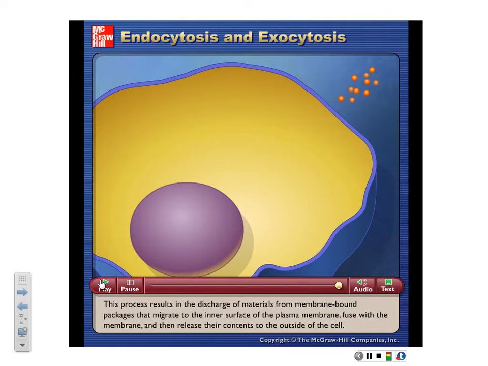So all these movements will depend on the size or the chemical properties of what's being moved, right? Okay, good. So if you think of the transport mechanisms like that, then they are easier to remember because you know that this type of movement is going to move this type of molecule.